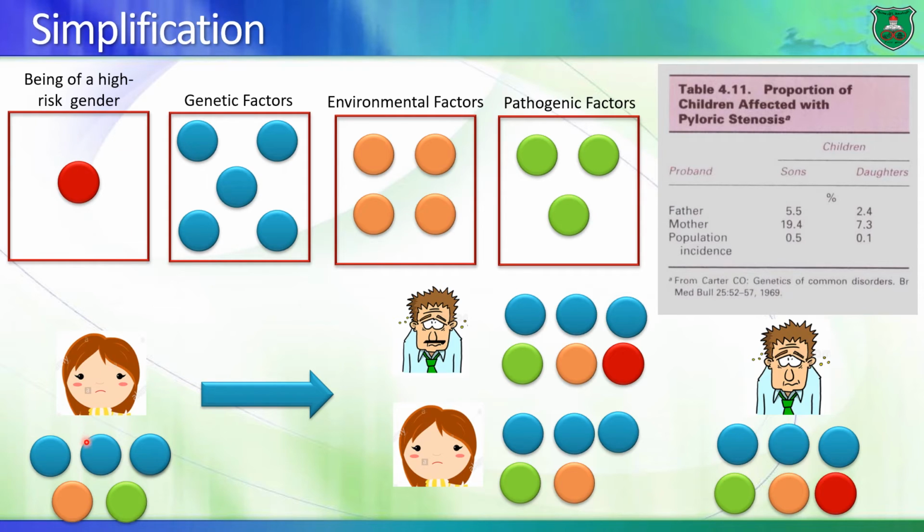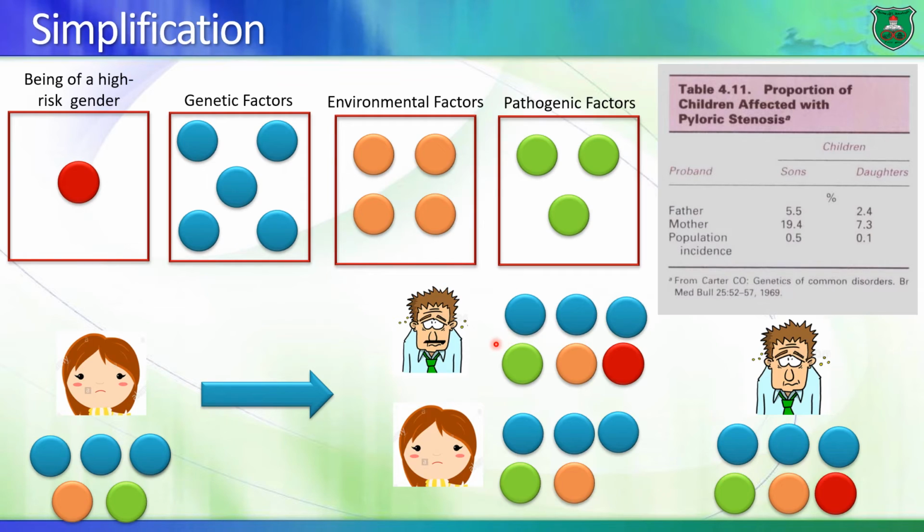So there is a higher chance that both males and females would be affected, because the female here is affected, so she has more of these factors other than being male. She has more of these genetic factors, environmental factors, pathogenic factors that led to the development of the disease.